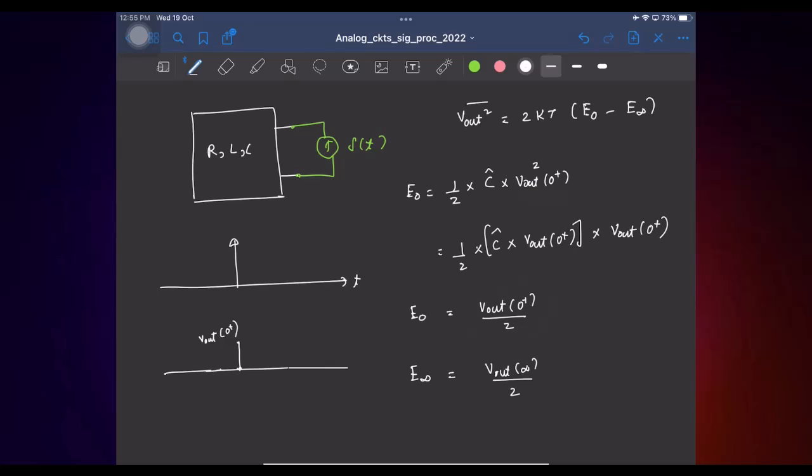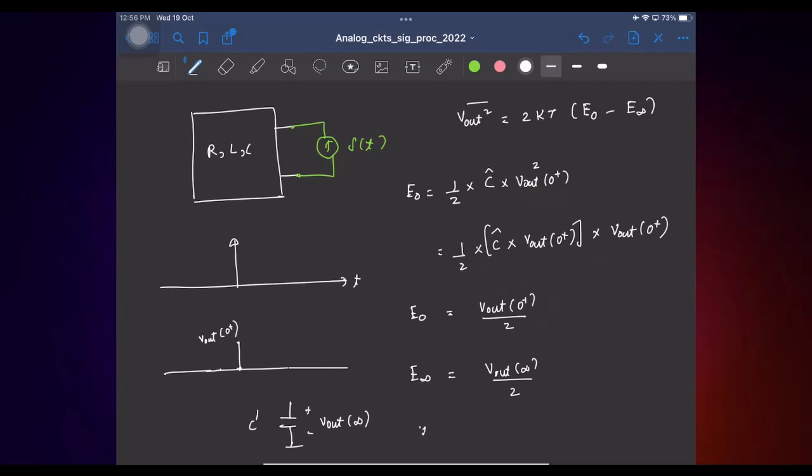In steady state, either all the capacitors are discharged or there is some capacitance holding a charge. Let's say there is some C prime, V out of infinity, and you follow the same thing. If there is some equivalent capacitance still present, that capacitance will still be holding this 1 Coulomb of charge. Is that fine? So this part is fine. E0 is V out of 0 plus by 2, E infinity is V out of infinity by 2.